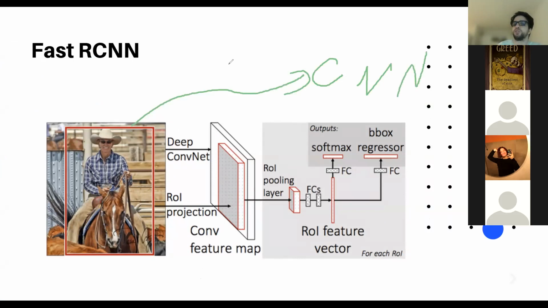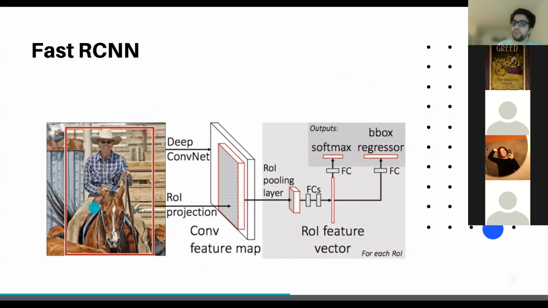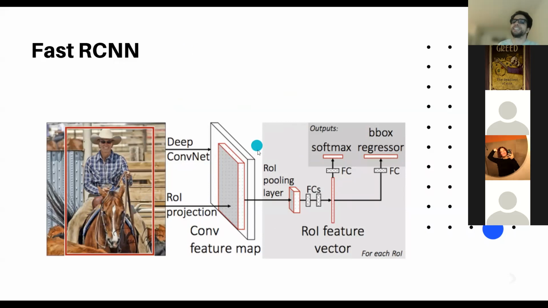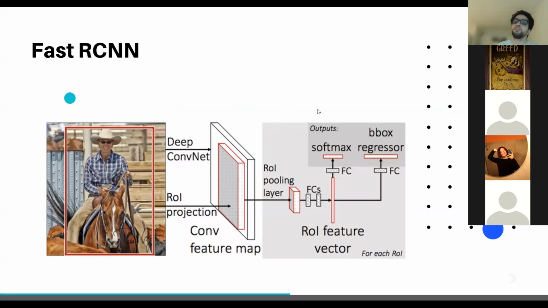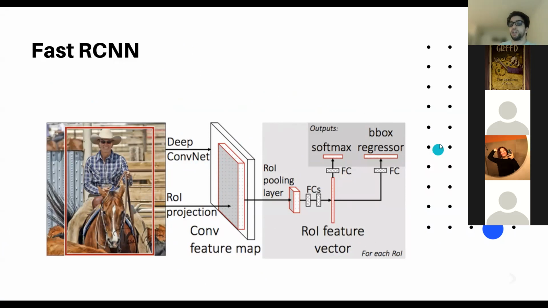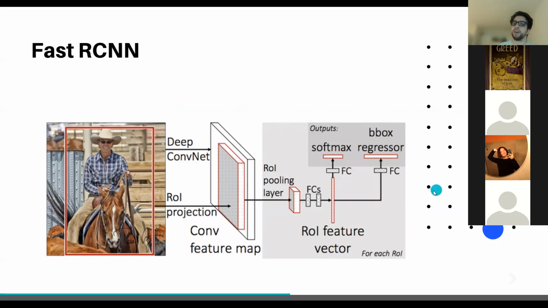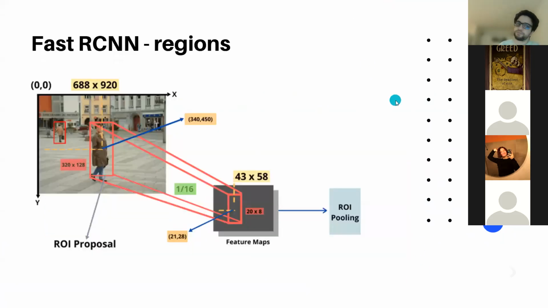Simply, we send the image once through the CNN, and then for every single region of interest that the algorithm has given us, we just find its mapping in the convolutional feature map. We do not compute its convolutional feature map again. We just find its corresponding location inside the convolutional feature map that we calculated only once.